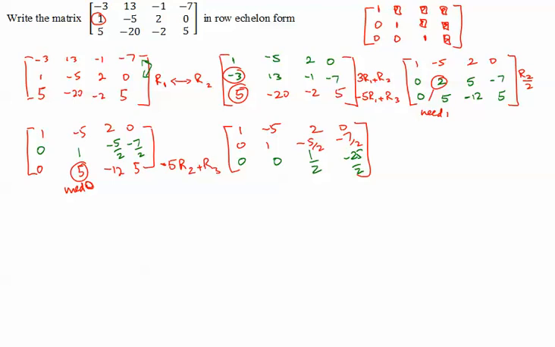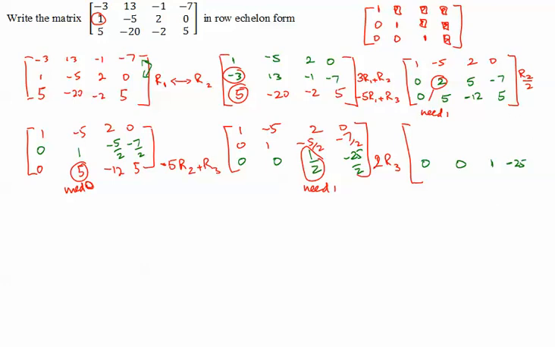So we're getting there. Now I want just this number here to be 1. To do that, I take this row and multiply it by 2. So 2 times row 3 gives 2 times 0 is 0, 2 times 0 is 0, 2 times 1/2 is 1, 2 times negative 25 over 2 is minus 25.